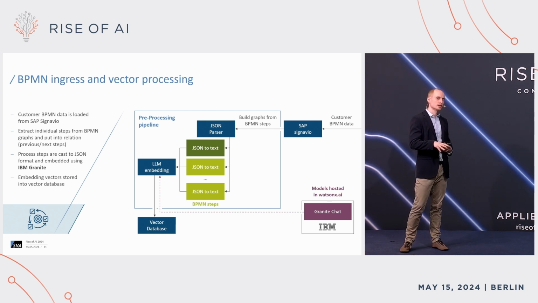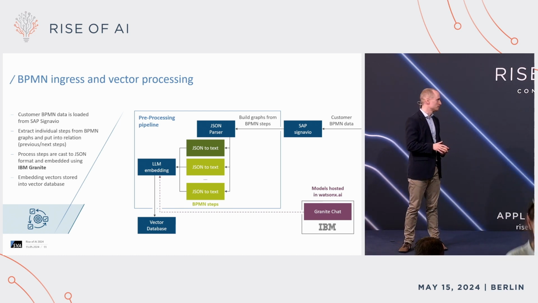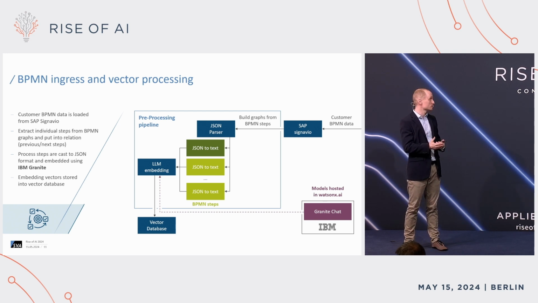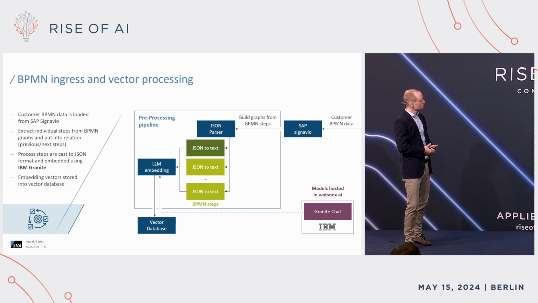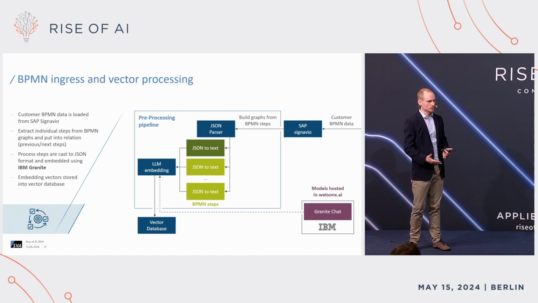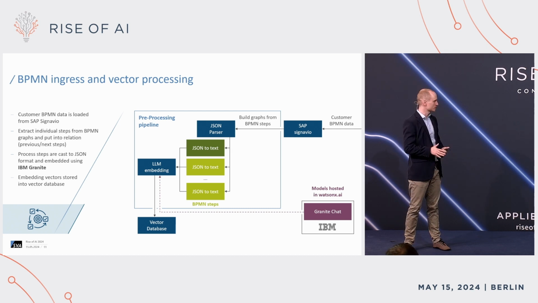At that point, you have the processes basically as embeddings available, which means you can store these embeddings in a vector database, in our case, for example, Elasticsearch, and therefore feed them into your large language model. So this makes your processes available within this kind of context. This is a self-built pre-processing pipeline from us, which is necessary to be able to do the next steps.